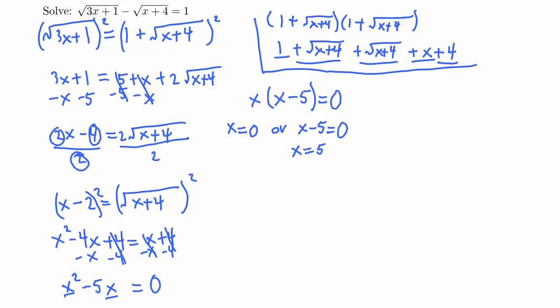So I have two separate possibilities. But again, remember, we have to check our answer. If we don't check it, we don't know if it's true or not. So let's start out with 0.